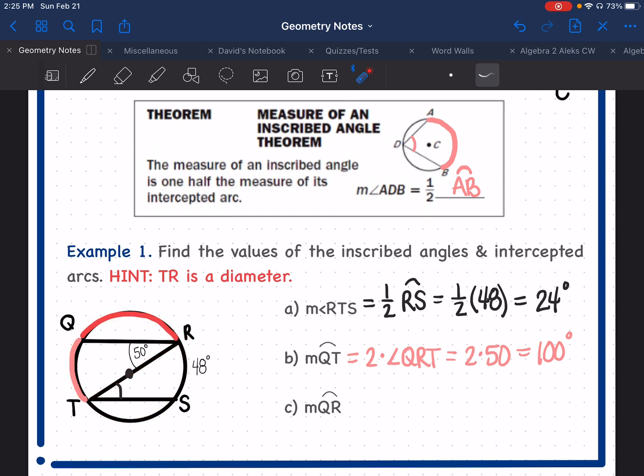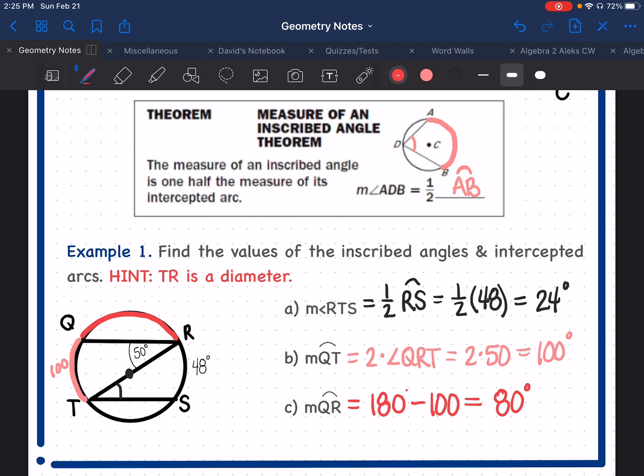So this together is 180 degrees. I already know that I have 100 right here. So all I have to do to find QR is take the 180 from R to Q to T, subtract the 100 in the peach, and there's QR, 80 degrees.